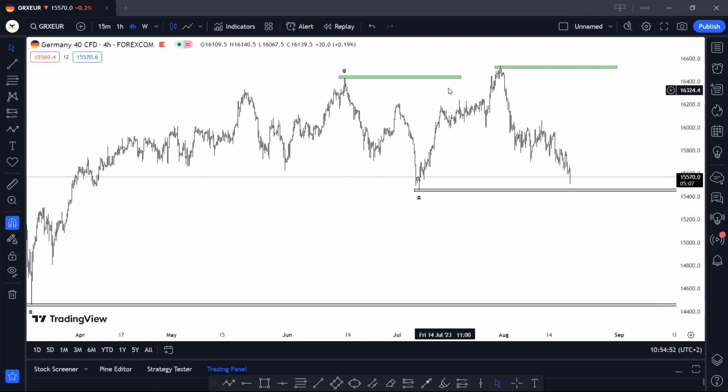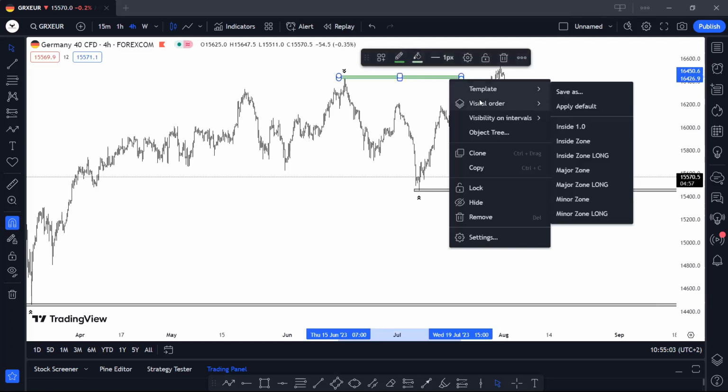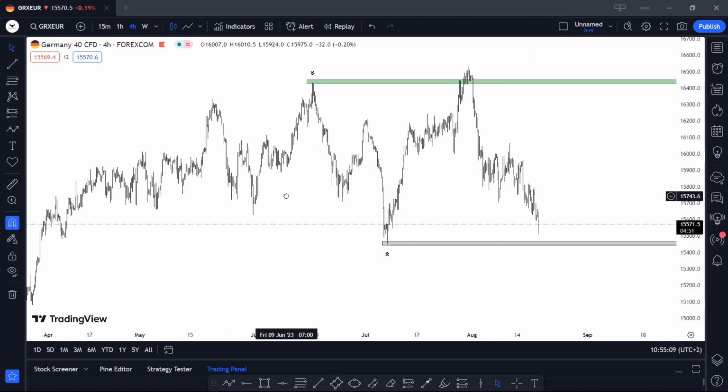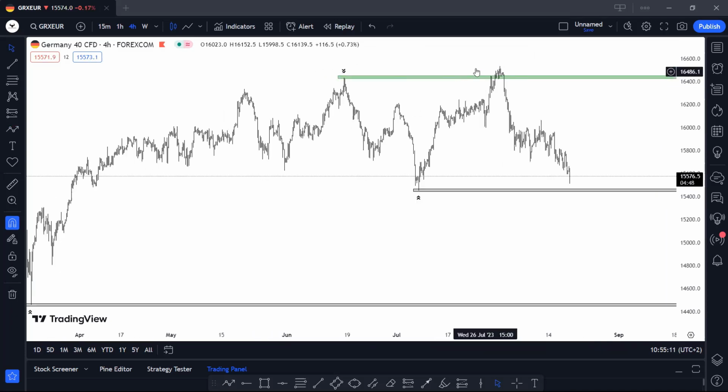So which means this one, if we do extend this coming right about here, it would have to be what we call a fake breakout. So let's do it. All right, so it means that here you'd have a fake breakout.